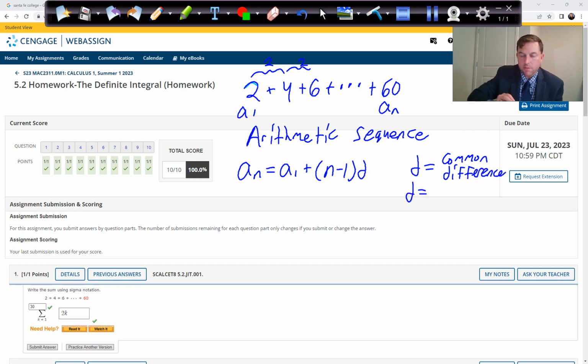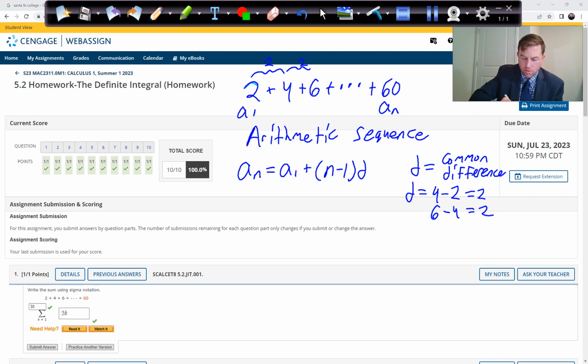And you can find d by subtracting any two numbers in the sequence, later numbers first, then previous numbers. So 4 minus 2, or we can do 6 minus 4, and we both get 2, which we already kind of could tell. So the common difference in this problem is 2.